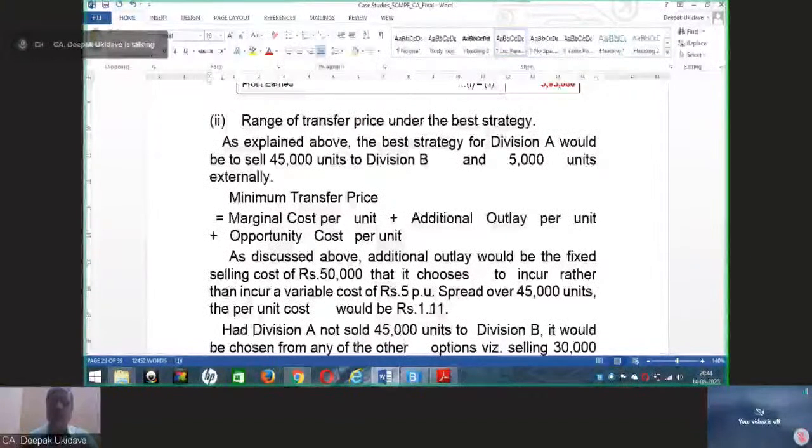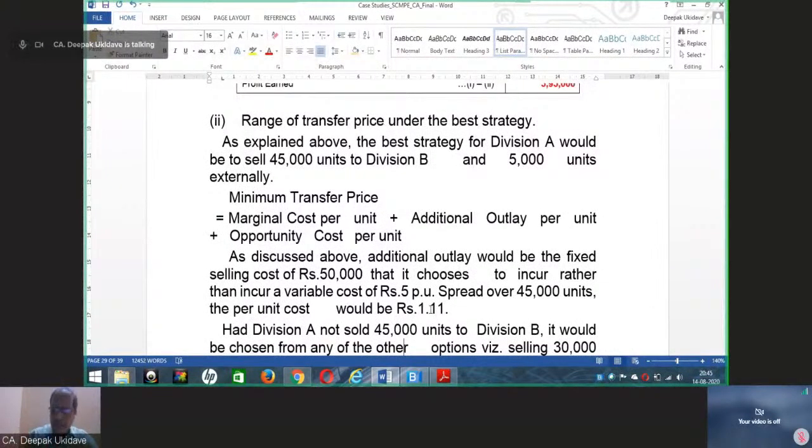Then you charge opportunity cost. Whenever there is surplus capacity, excess capacity, idle capacity, do not recover your opportunity cost. It's a thumb rule, a basic rule, and there is a logical understanding of why we do it.